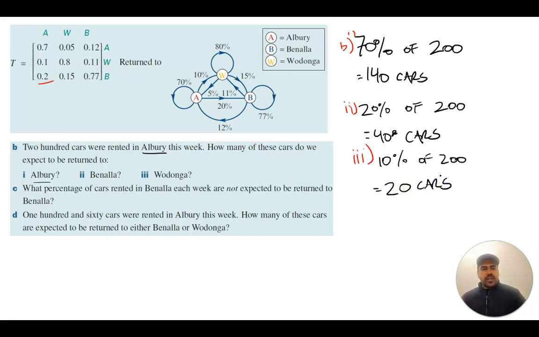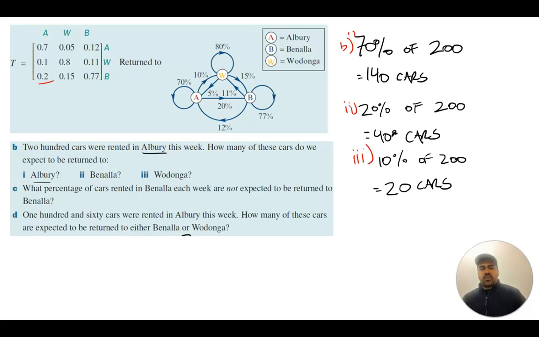Last question, question C. 160 cars were rented in Albury this week. How many of these cars are expected to be returned to either Benalla or Wodonga? And there's a key word here that says or. So there's two different ways that we can do this.